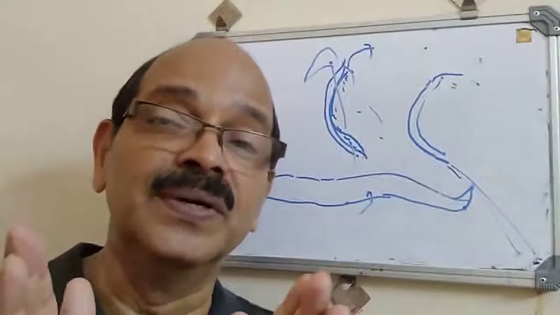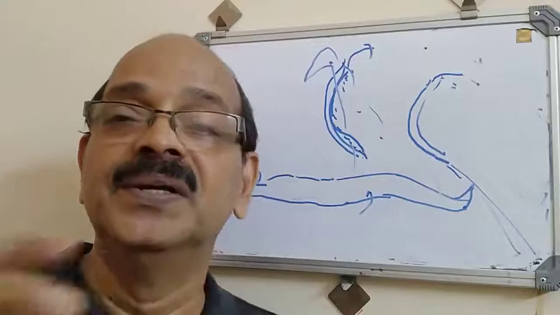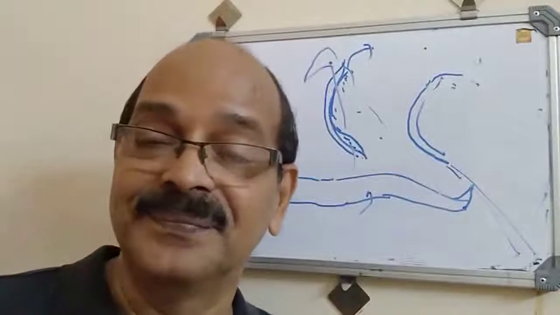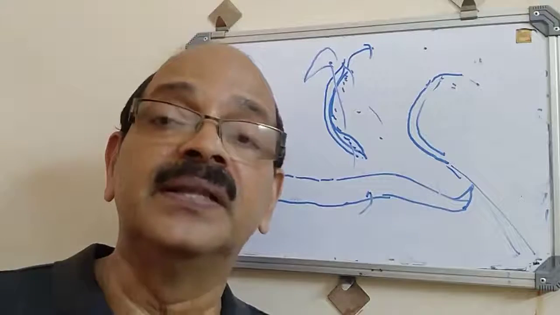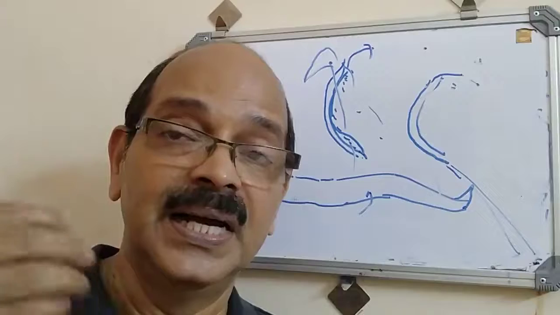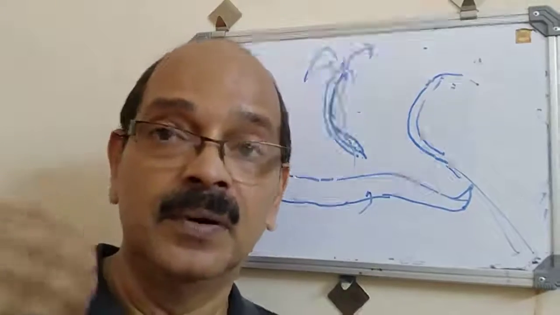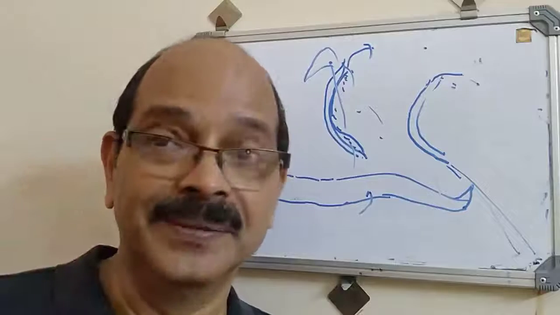Trismus is a very useful sign, because this helps to differentiate from two or three entities. One is hydrophobia. In hydrophobia, you will get the difficulty in swallowing and aerophobia, but the trismus will not be there.